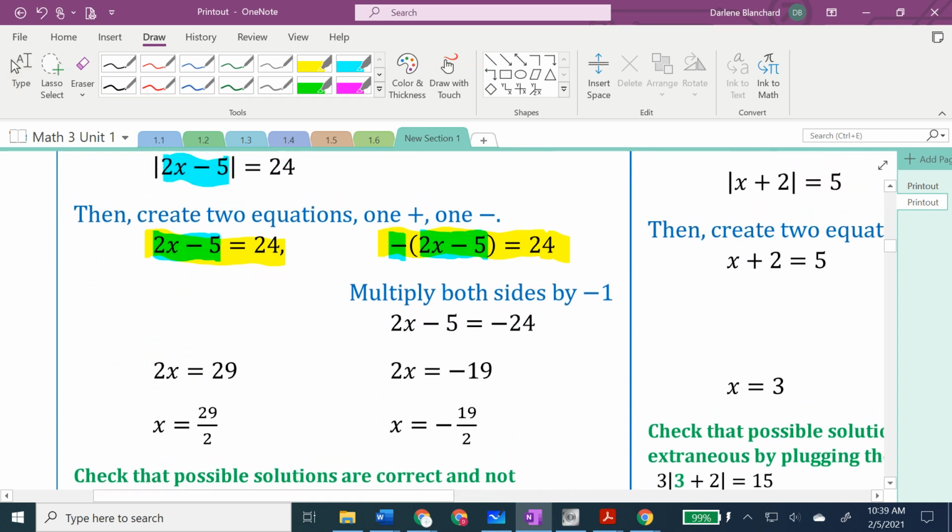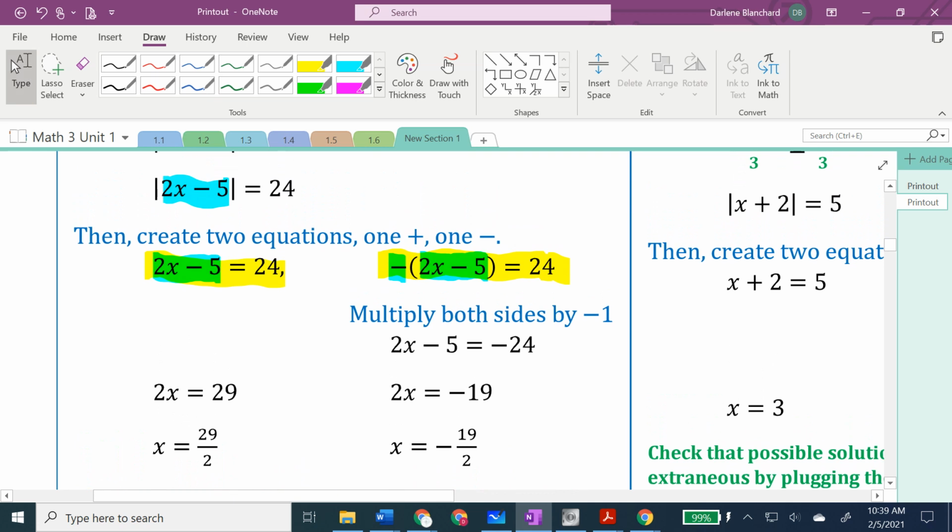Now, as far as checking these solutions, you at least have a calculator on you. You can take the number, plug it into x, and think about, in the end, when you take its absolute value, are you getting positive 24? And then do the same thing with the other number.